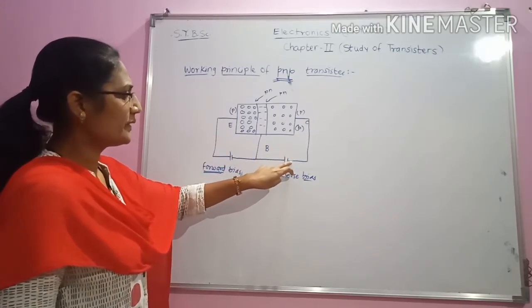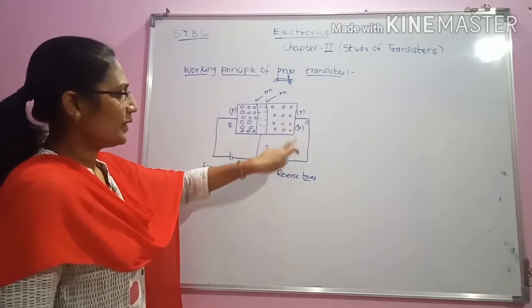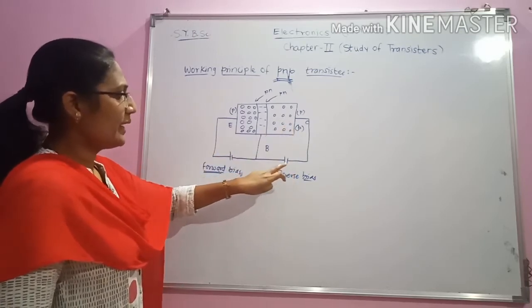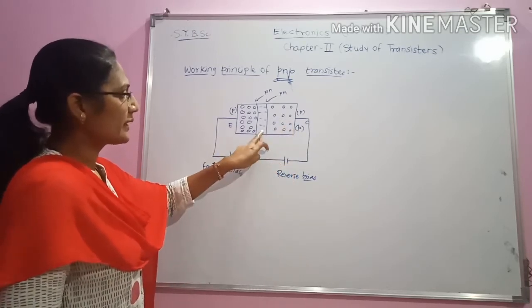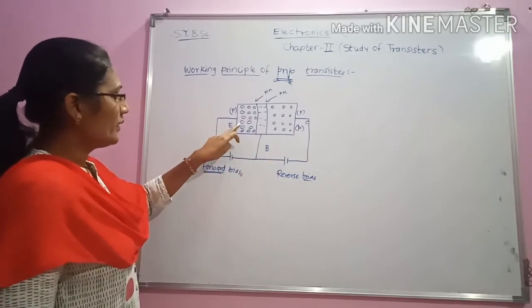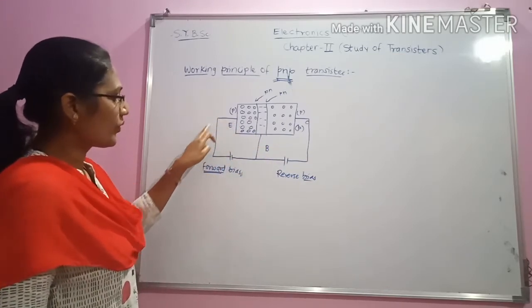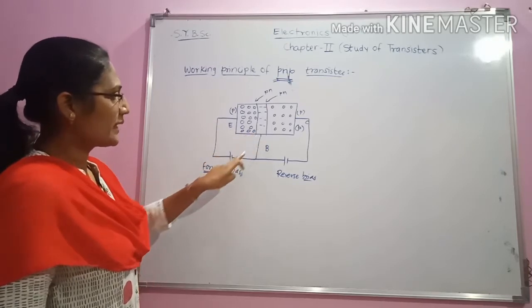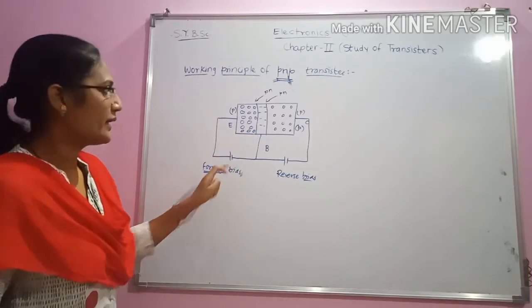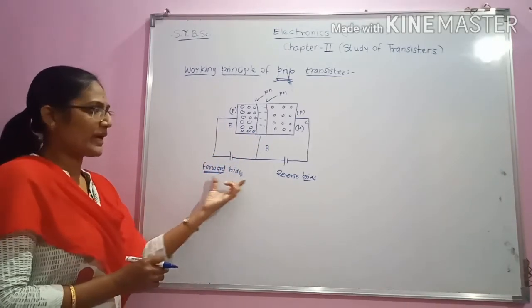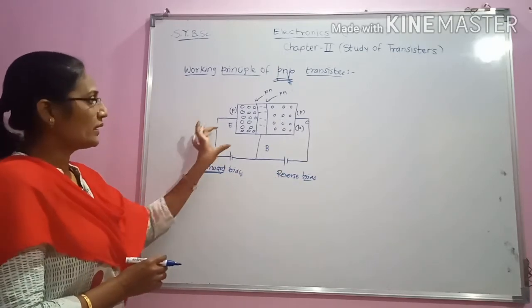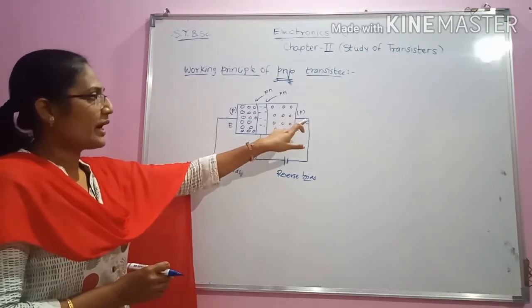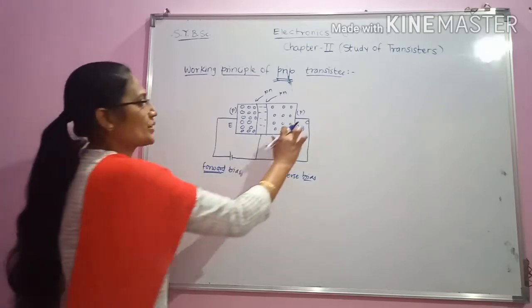In forward bias, P is connected to the positive terminal and N to the negative; in reverse bias, P is connected to negative and N to positive. Hence we obtain forward biasing and reverse biasing of the emitter base junction and the collector base junction.